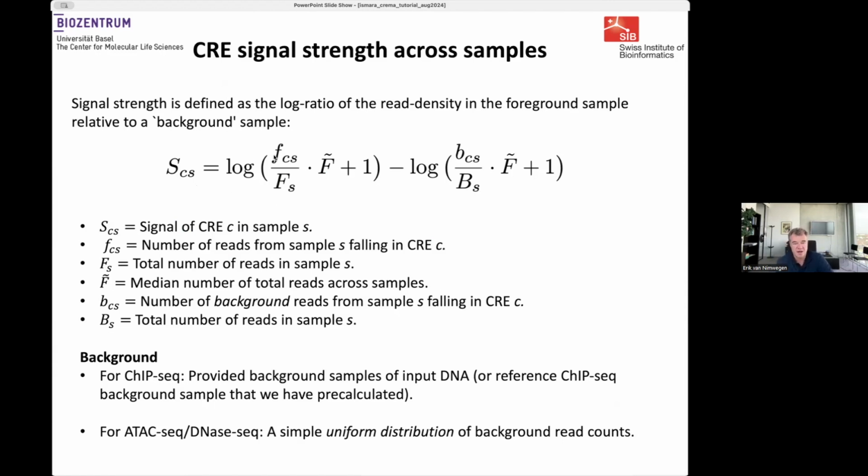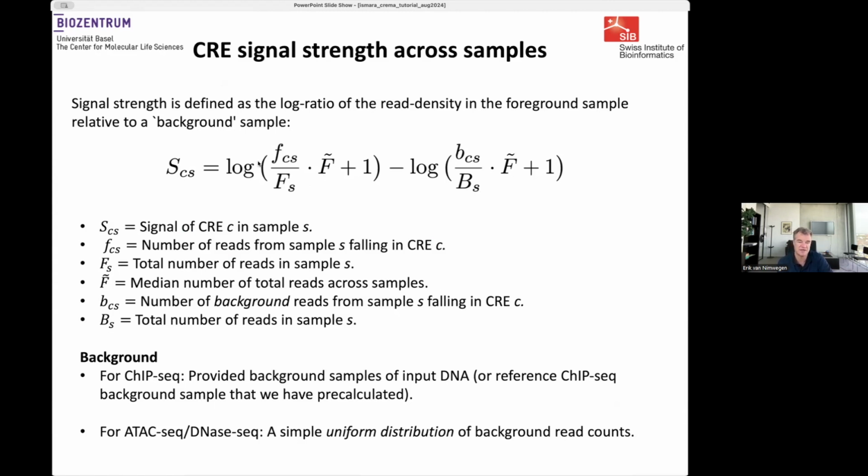We take how many reads were mapped to this CRE in the foreground sample, divided by F of S, the total number of reads in sample S. So this is the fraction of reads that map to the CRE, multiplied by the median number of total reads across all samples. That's this F tilde.